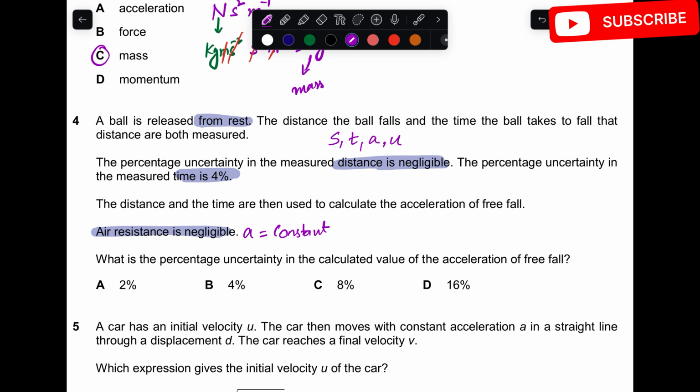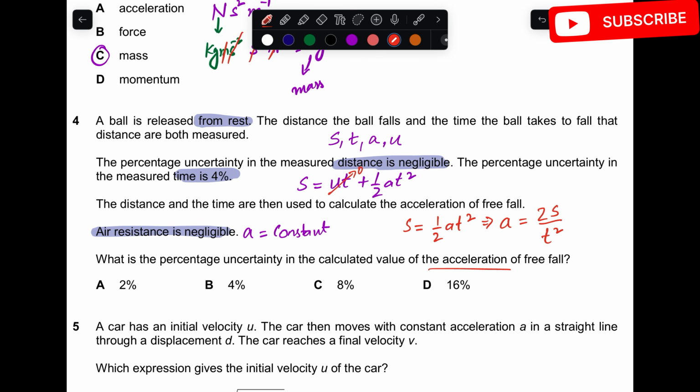So the equation that is best fit is s is equal to ut plus half at square. Okay, so as we know, initial velocity is 0, so this term will be 0. So s can be written as 1 over 2 at square. What we have to find is acceleration. So making a the subject will give us a is equal to 2s divided by t square.